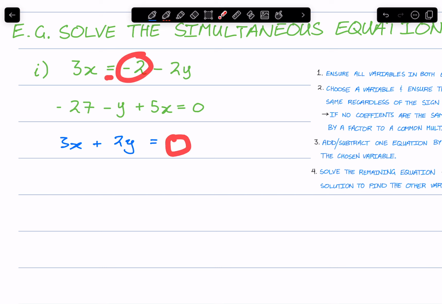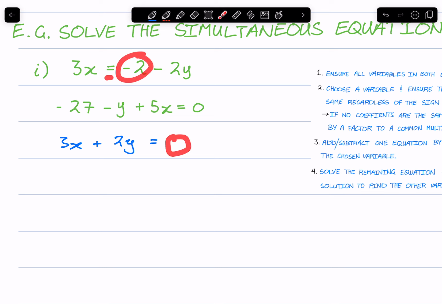I'm going to make it x first, and then y, and 27 needs to move across to the other side of the equation. So 5x goes first, negative y goes second, and negative 27 moves across. So this gives us positive 27. So step 1 is now complete.